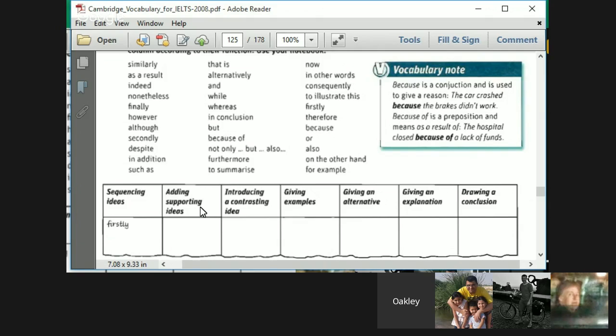Is that here, supporting ideas? Well, not really, but yes, it could be just adding information. I love music and I love cooking. Just another piece of information. Okay. Very good. Thank you.